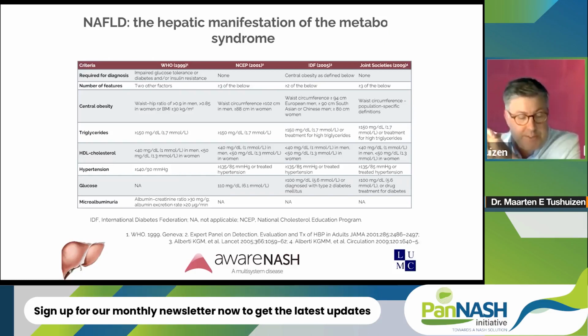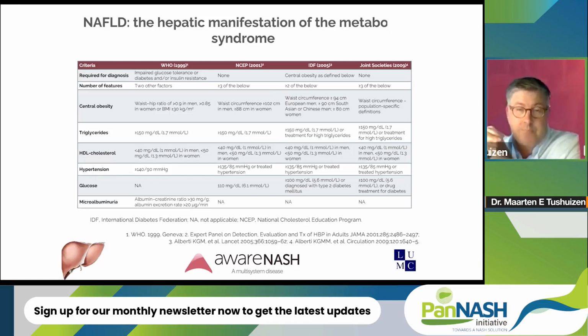Increased blood pressure and central obesity is central in this syndrome. The metabolic syndrome is therefore a very common condition in patients with NAFLD, with a prevalence of over 50% in patients, especially the patients with NASH and significant fibrosis.